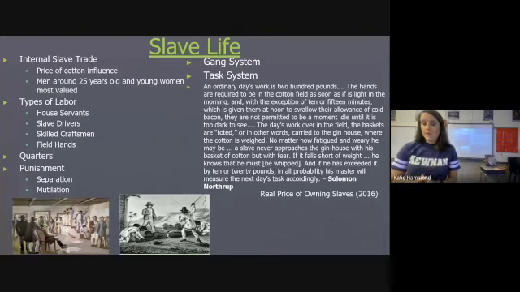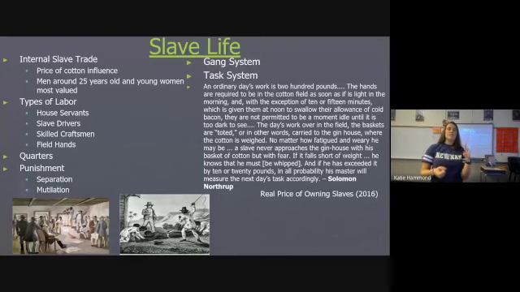Y'all know there's a lot of different types of labor. You'll have your house servants. You'll have the slave driver, which is basically a supervisor. That is a slave. You have your craftsmen who would be making things for the plantation. And then you had your field hands. And there were slave quarters. Also there's punishment for different things.